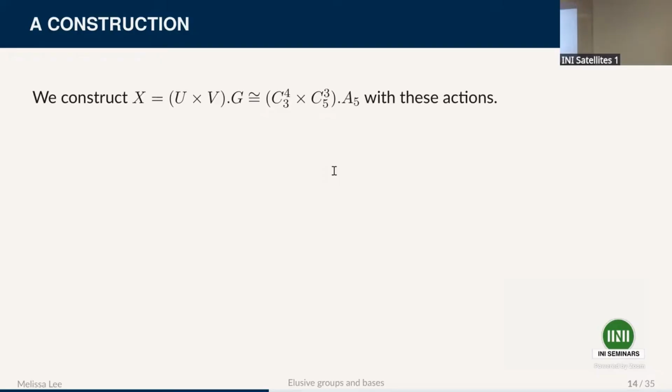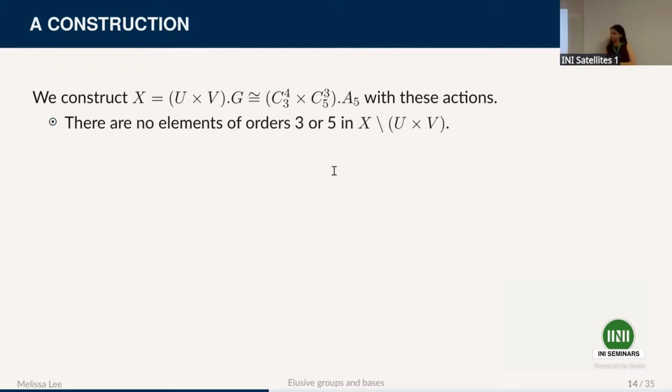Then we're going to take the non-split extension of that via A5, taking one of the non-split extensions in each case, and investigate what happens there. Fortunately for us, if you look inside this group, there are no longer any elements of order 3 or 5 that are not contained in just this normal subgroup here. So that's looking good for us.